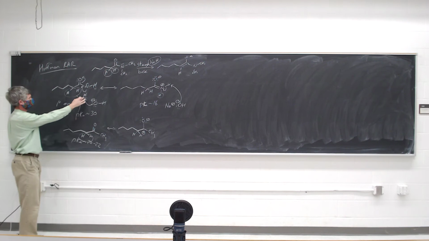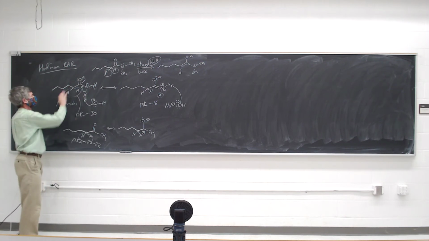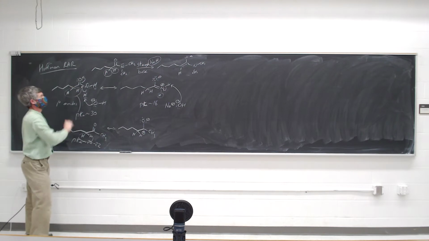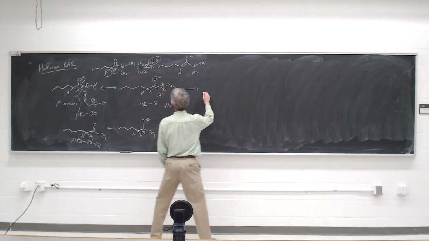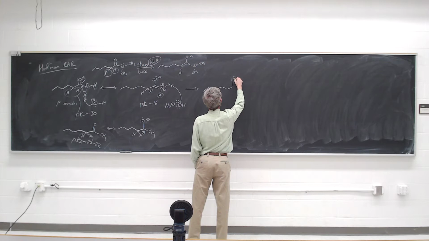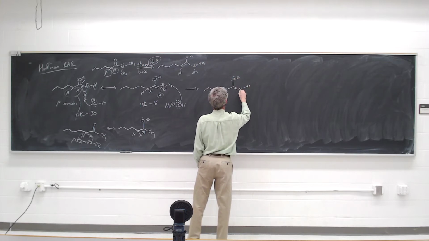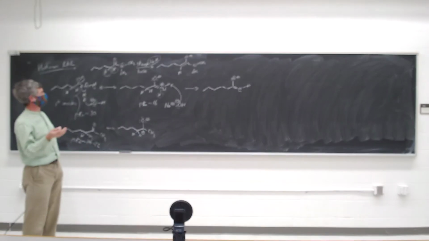Three arrows take the hydrogen off, push this pair of electrons in to form the pi bond, and then push the pair of electrons out onto oxygen. So the effect will be to form the nitrogen analog of an enolate.